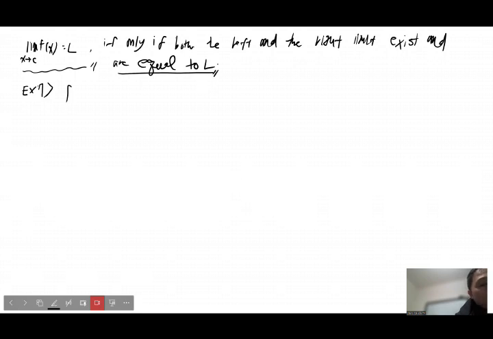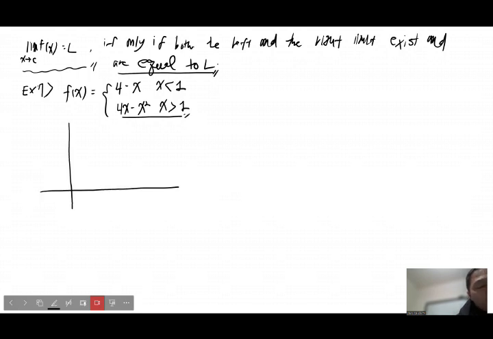Number 7 is defined by the function f(x), which is 4 minus x in case x is smaller than 1, and 4x minus x squared in case x is larger than 1. So you plot that, it should be like this. Below the number 1 of x, f(x) is a linear function like this.